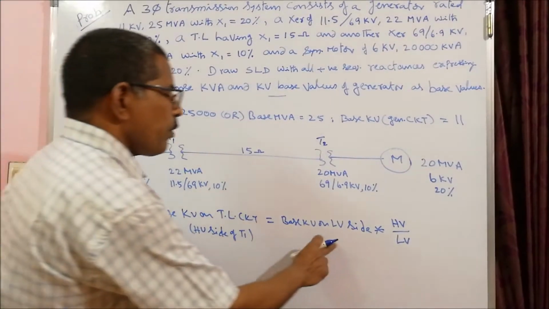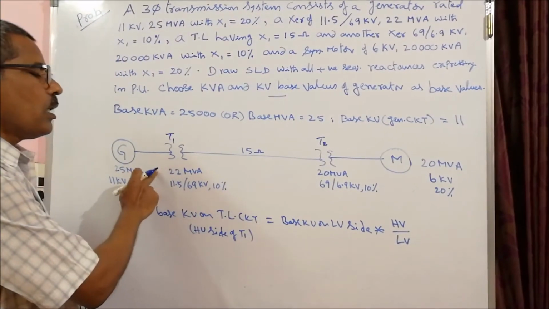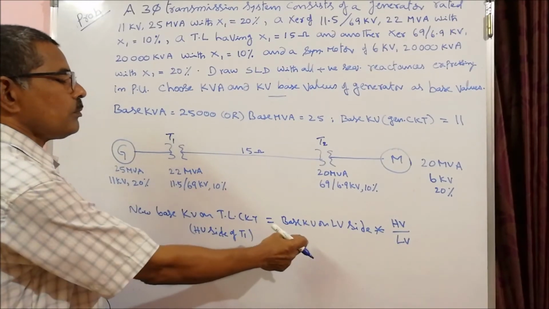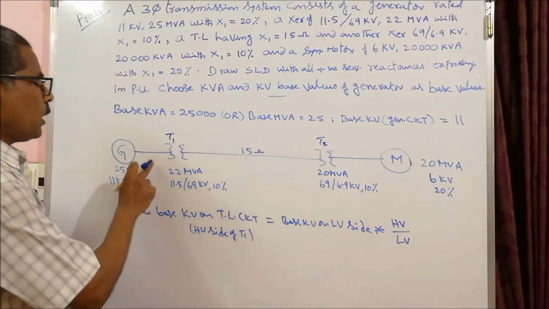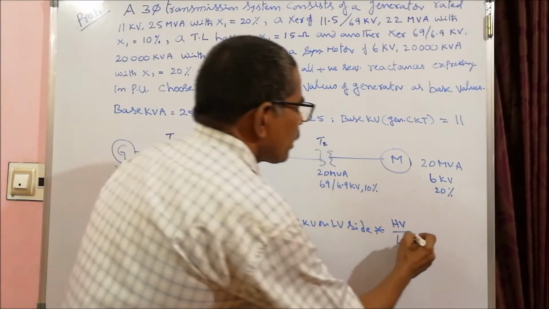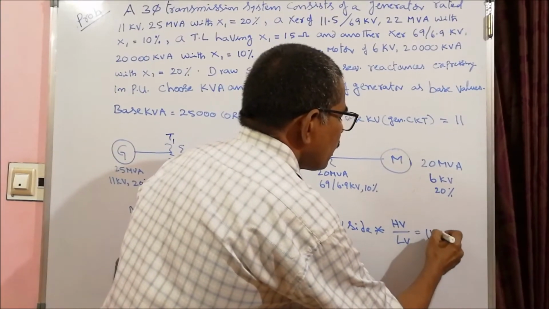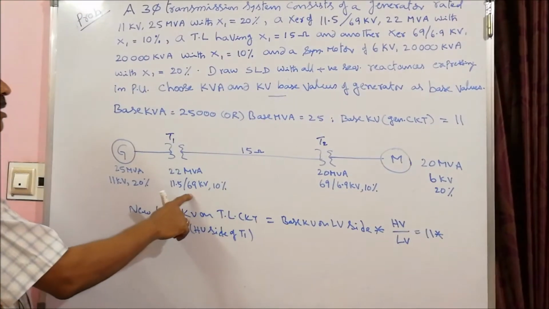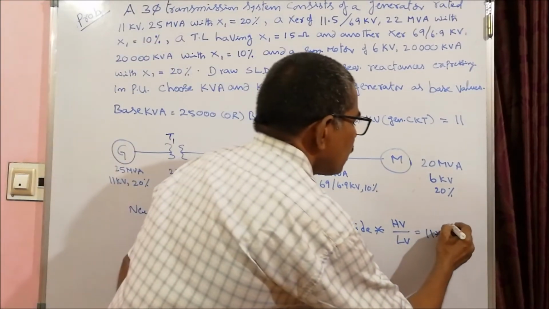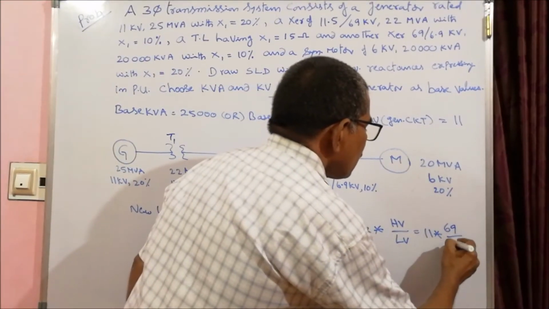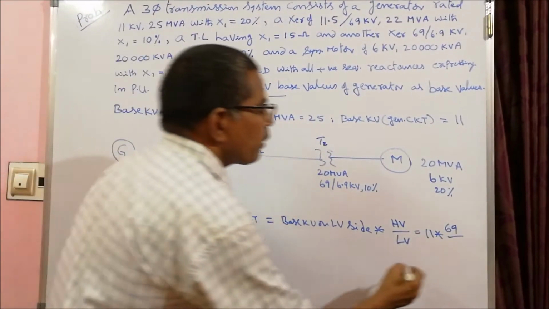What is the base kV on the LV side of T1? That is 11 kV, is it not? Times 69 by 11.5.